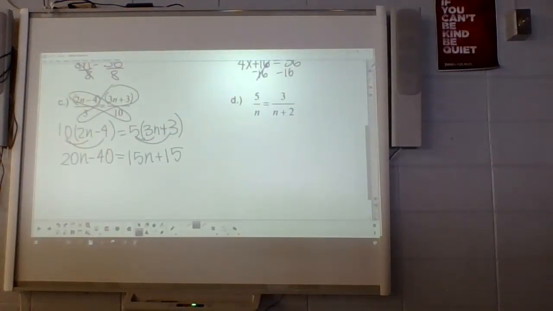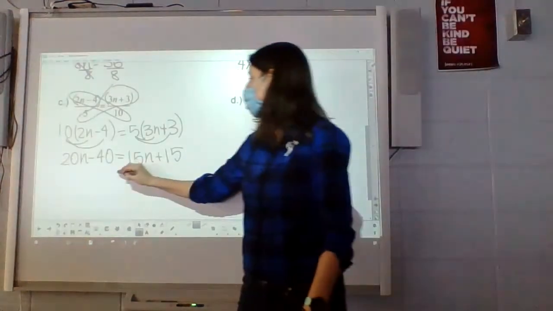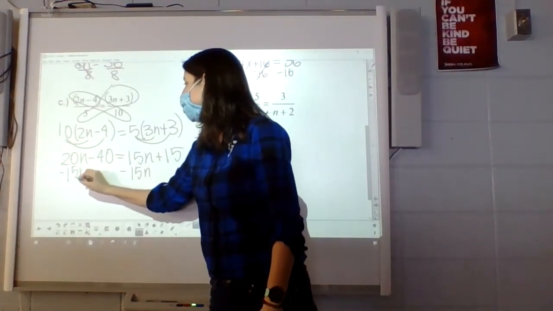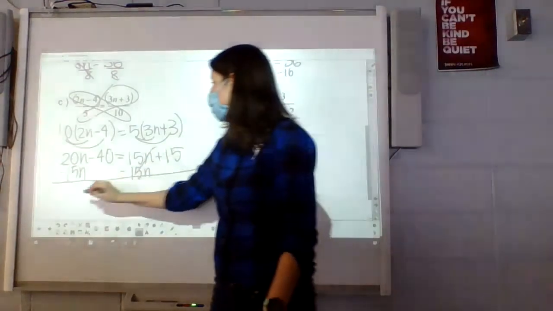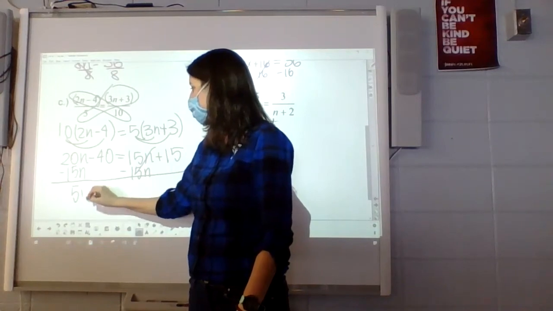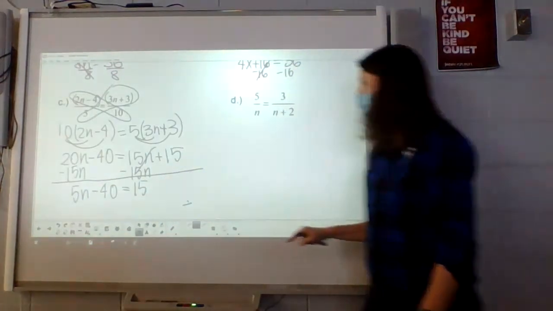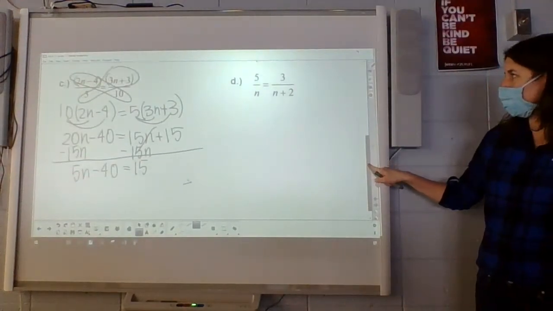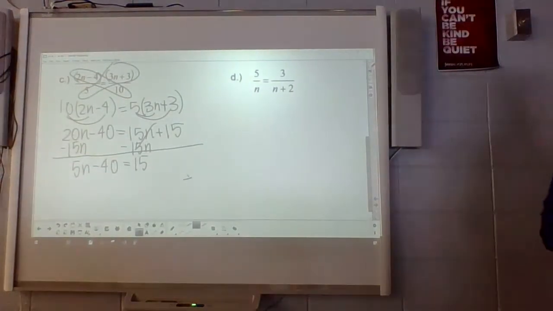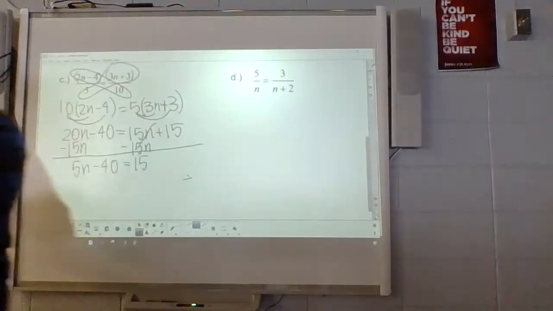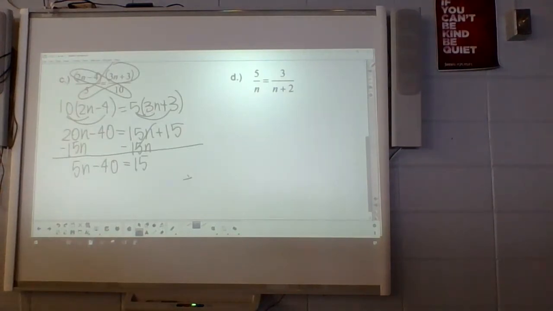So I want to move that 15n over. And then I'm going to move that 40 over to the other side.